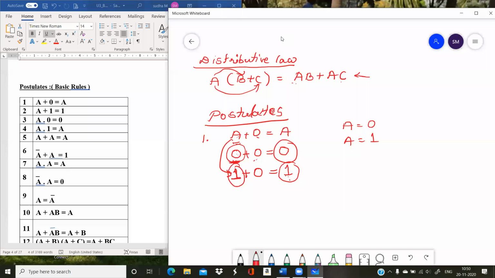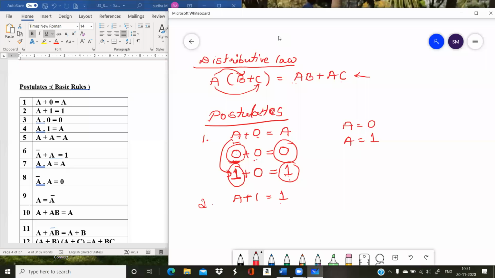While simplifying any of the Boolean equations, we need all these postulates or rules. So A plus 0 is equal to A. The second rule says A plus 1 is equal to 1. Whatever the value of A, the output will always be equal to 1.